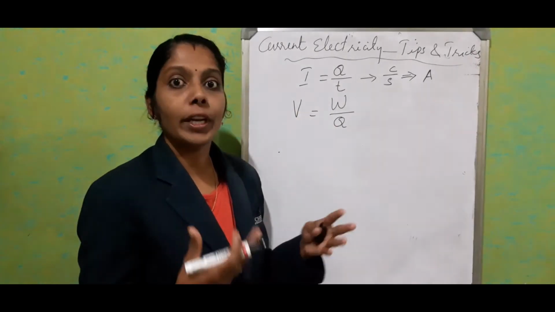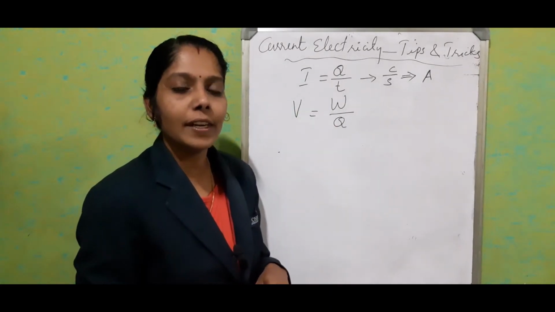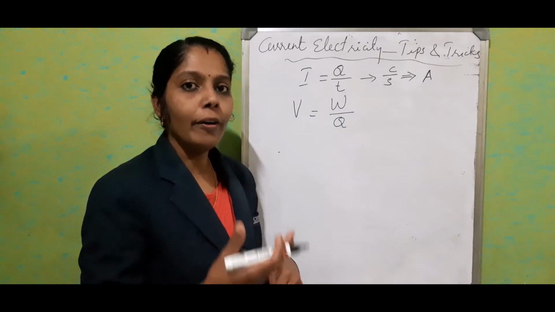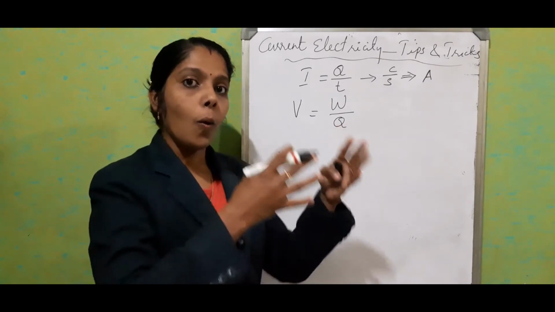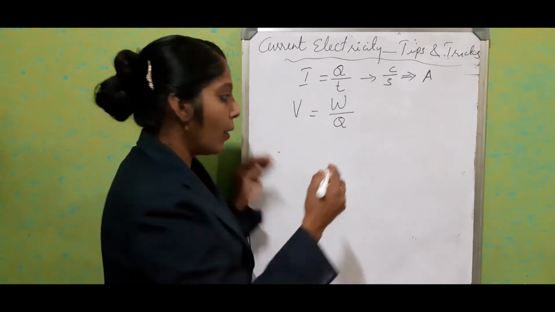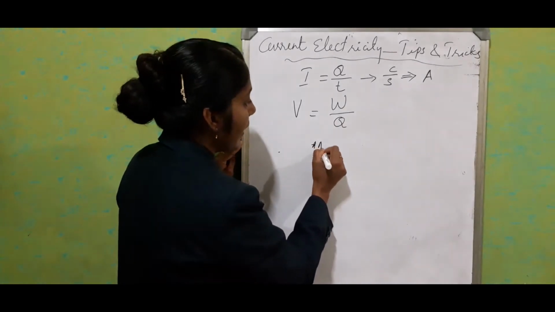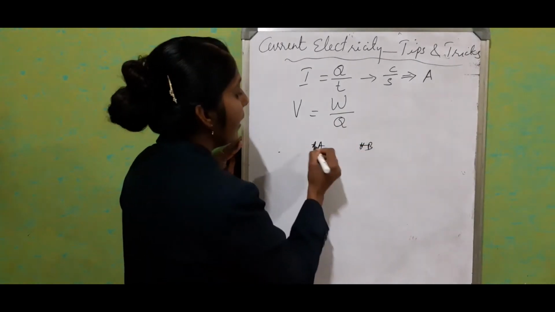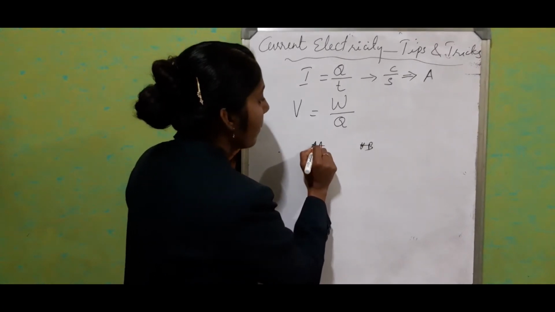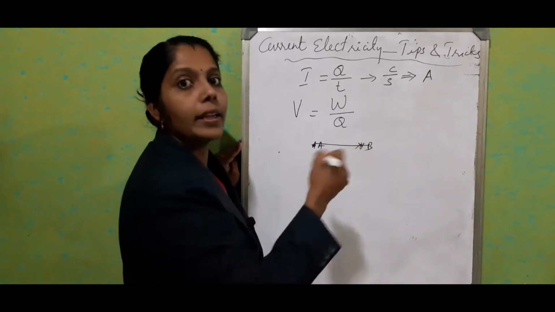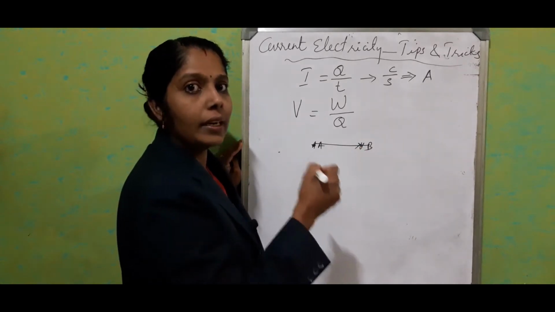And we studied potential difference. What is potential difference? It is the amount of work done to bring a positive charge from one point to another point. So if you are seeing A and B, it is the amount of work done to bring positive charge from A to B. That is known as potential difference.